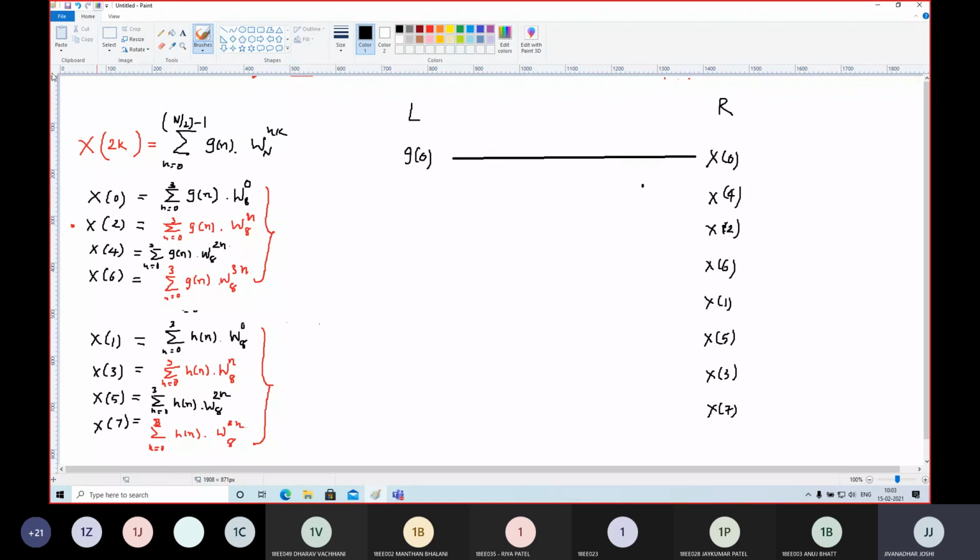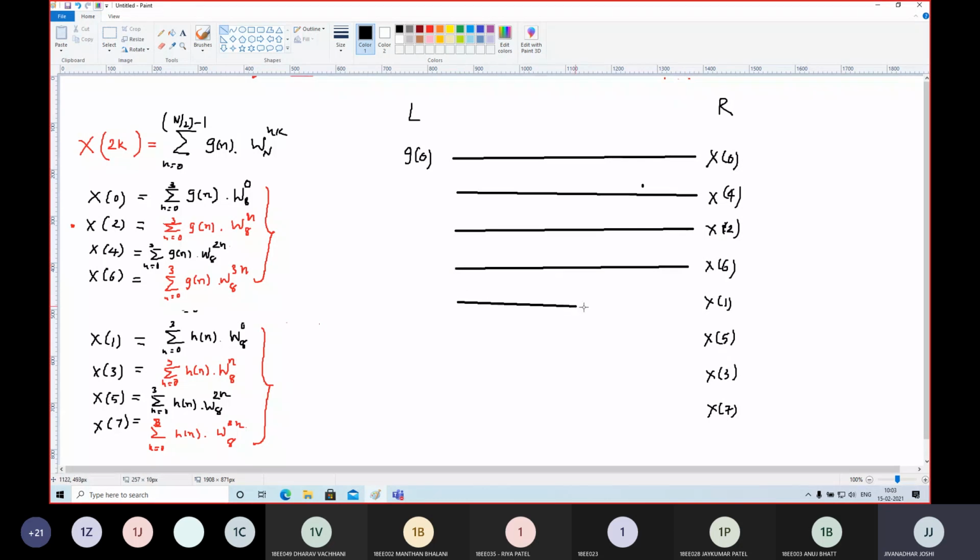Correct. So now let me select the line again. So this is for G of 0, this is for G of 1, then G of 2, then G of 3.